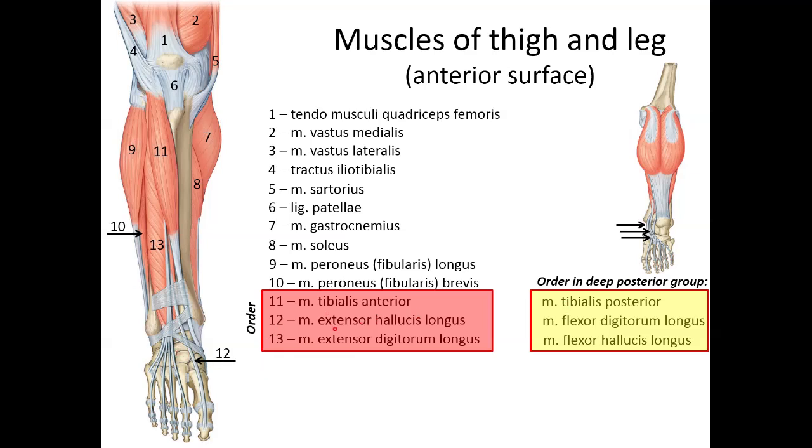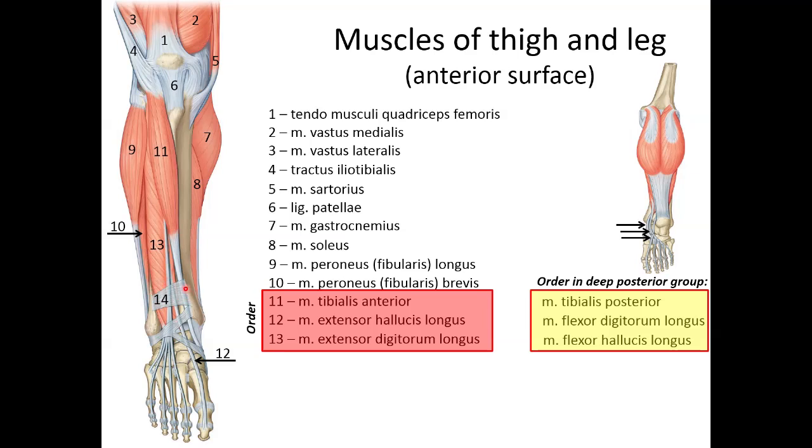Anteriorly: tibialis anterior, extensor hallucis, extensor digitorum. Posteriorly: tibialis posterior, practically the same in order, then flexor digitorum, number 2, and number 3, flexor hallucis longus. And two very interesting details.